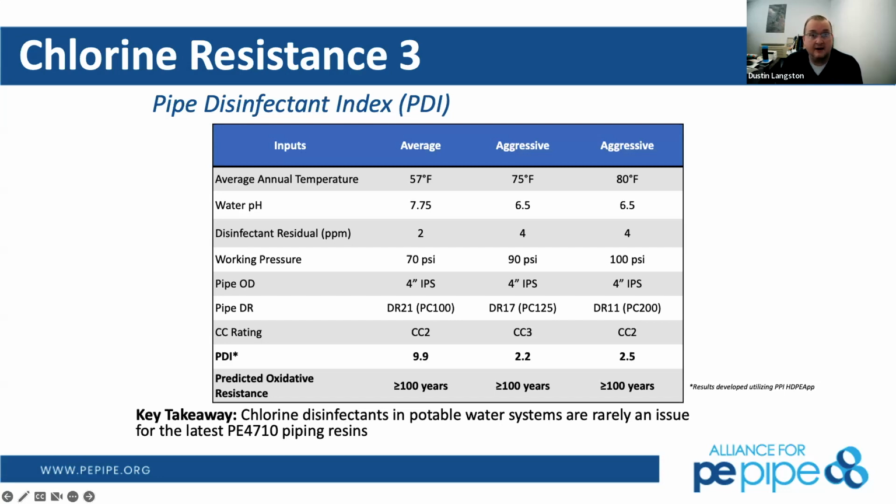And the resins now are all CC3, chlorine categorization 3, which is the highest chlorine resistance possible. And we have eliminated this as a failure method for even the small tubing sizes. So as Matt showed earlier, we have even the very small sizes as a CC3, even high temperatures, high chlorine up to 4 parts per million, you still get that 100-year service life.